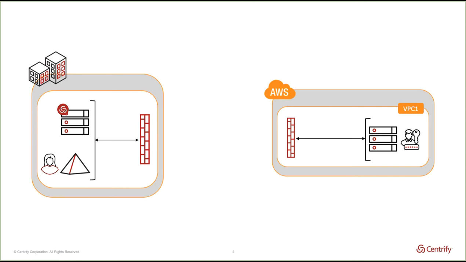IT and IT security dictate that these systems must now be brought under Centrify management, just like their on-premises servers are. This means joining them to Active Directory, getting rid of all the local accounts, and logging into them with individual corporate AD credentials, with least privilege and elevating privilege only when required.